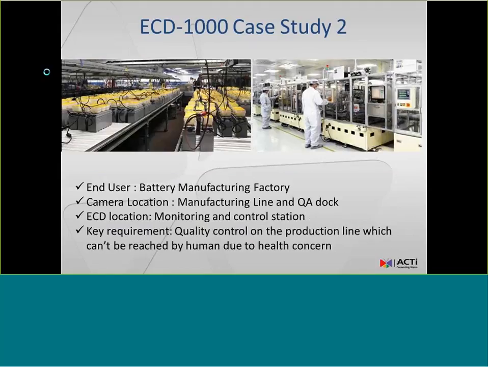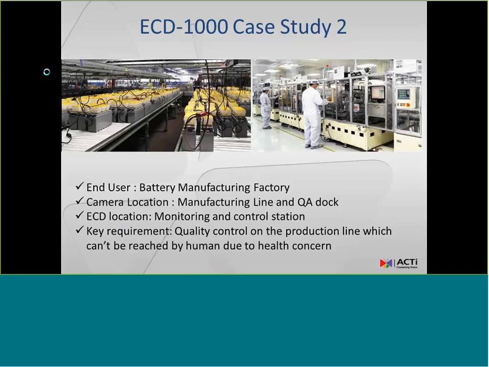Yeah, and we will go with the ECD 1000 case study 2 as well. I think Cindy will help us give more information about this part. The ECD 1000 provides a simple solution. It can be used in a factory like the one we just mentioned.